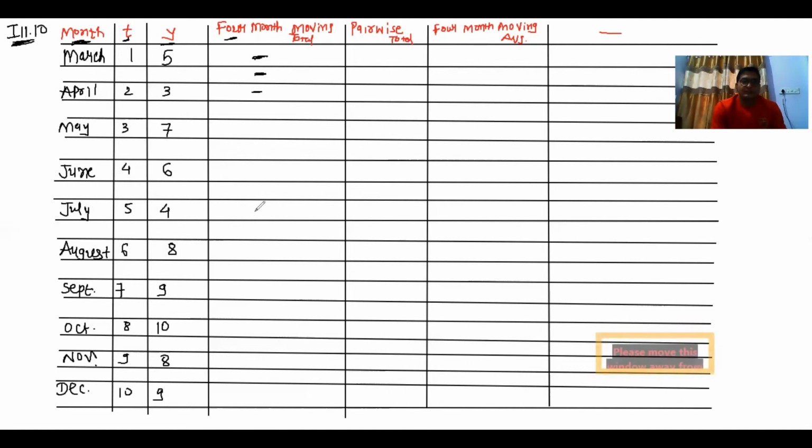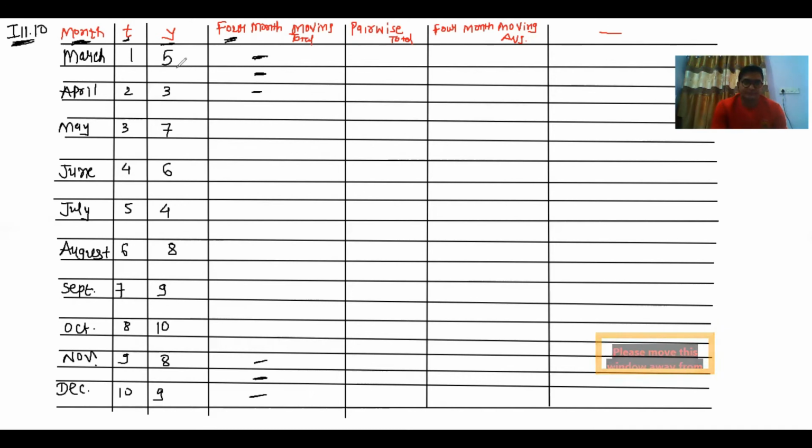In the same way, we have to put a dash in the last three rows, 1, 2, and 3. Again, in the 4 months moving total, the first three and last three rows remain dash.